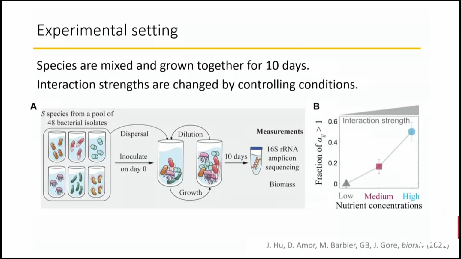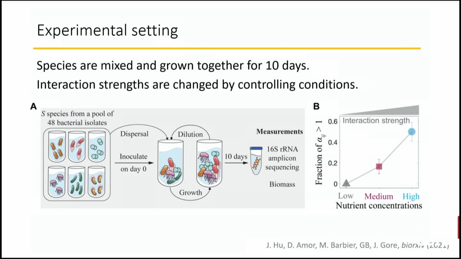So, interaction strength. We didn't do it for all; they took a subset of 6 species and did all 6 times 5 pairs. What they looked for is whether both species coexist, one wins over the other, or whichever one wins depends on the start, which is known as bistability. Those outcomes are enough to give you a measure, so what's plotted here is the fraction of alpha larger than 1, which is what happens when at least one of the species dies.